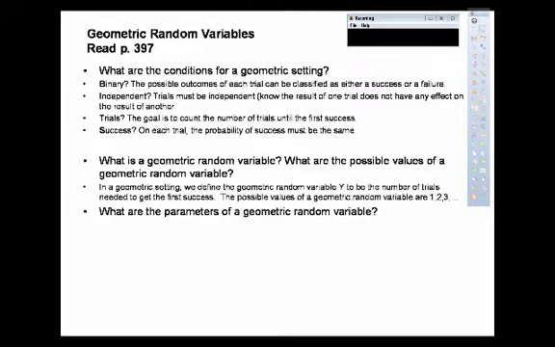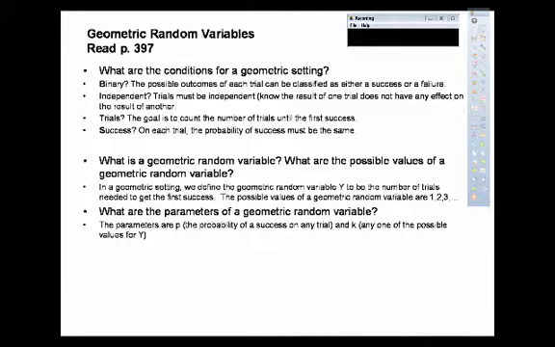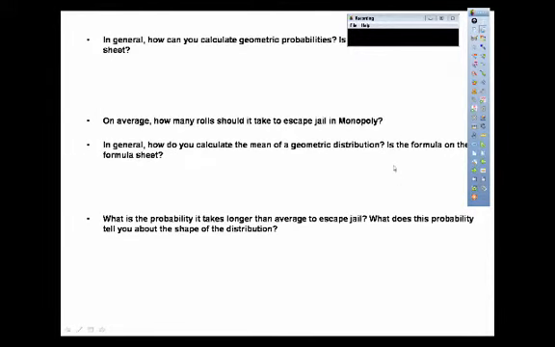The possible values would be 1, 2, 3, on into infinity, depending on how long it takes you to get the success. What are the parameters of a geometric random variable? The parameters are p, the probability of success, and k, any one of those possible values for y.